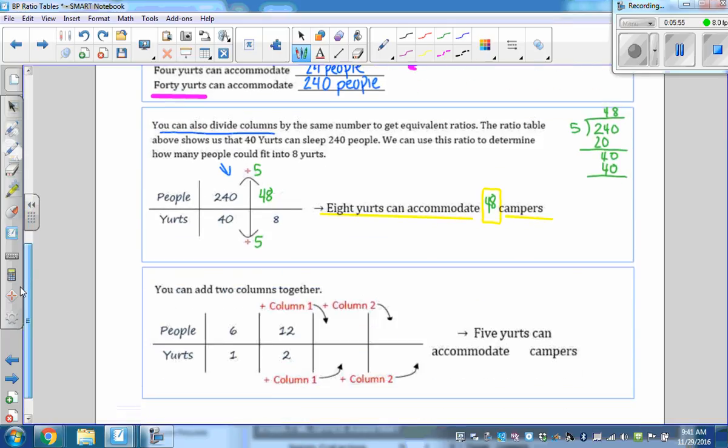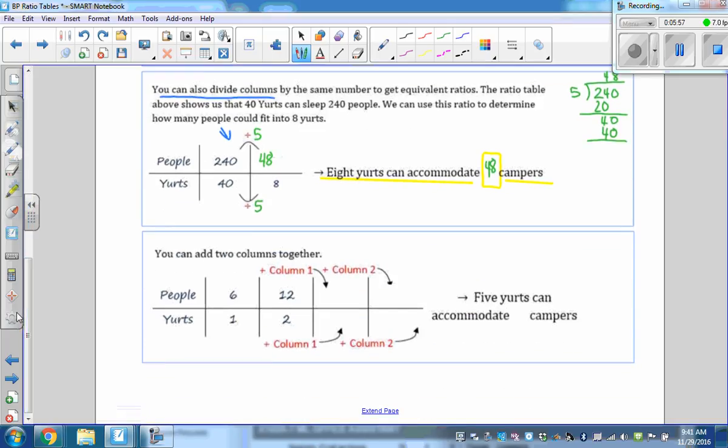Then we talked about a new skill that you can add columns together, and sometimes that's handy because it turns out as you get into ratio tables, that can be a really quick way to do solving where you don't have to do a lot of scratch work. So we're going to just practice that skill.